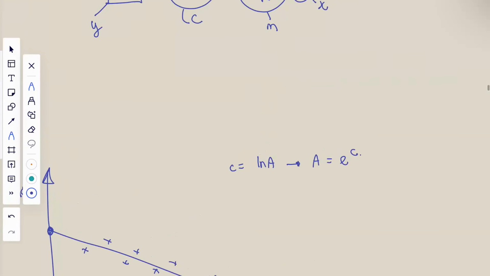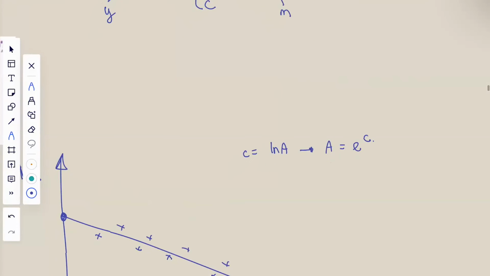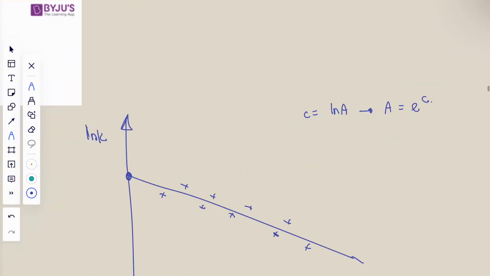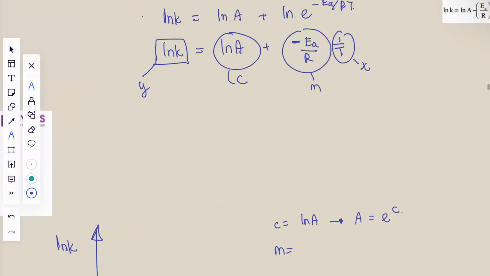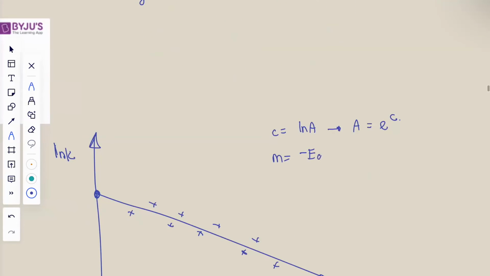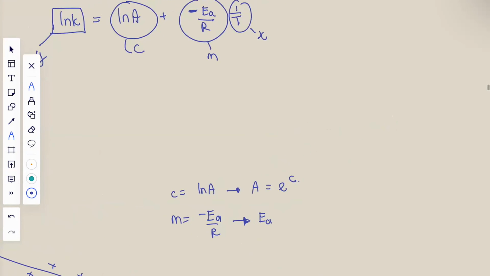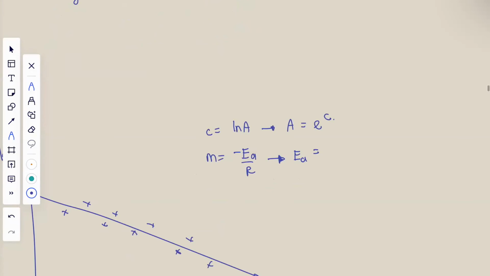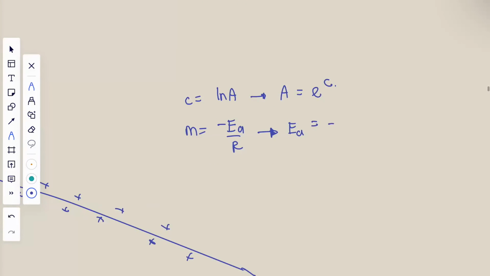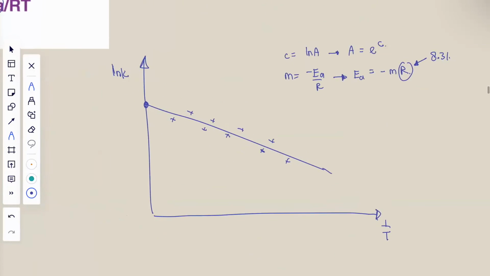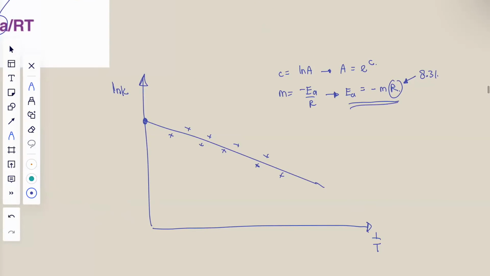Then what else? m is equals to minus EA over R, correct? So EA will be equals to negative mR. And R, you know how much is it? 8.31. Then from here, you can get your EA.